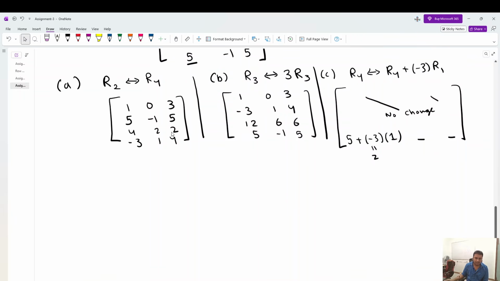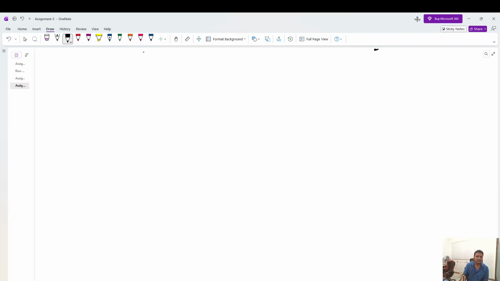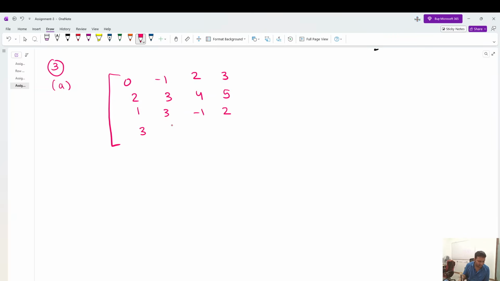Now, what is the next task? The next task is you have to find the row echelon form of the given matrices. So first you have been given this: 0, minus 1, 2, 3, 2, 3, 4, 5, 1, 3, minus 1, 2, 3, 2, 4, 1.